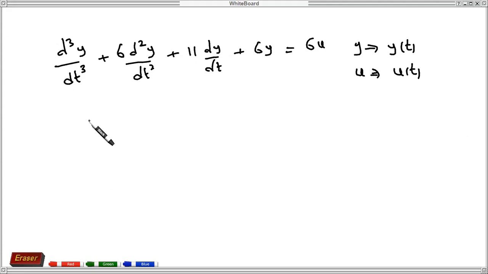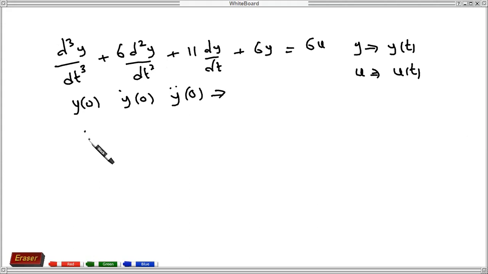If we were to solve the differential equation, we would need the knowledge of y of 0, y prime of 0, and y double prime of 0. These are the initial conditions that we need to be able to obtain the solution of the differential equation. In that case, we can choose the state variables as follows.